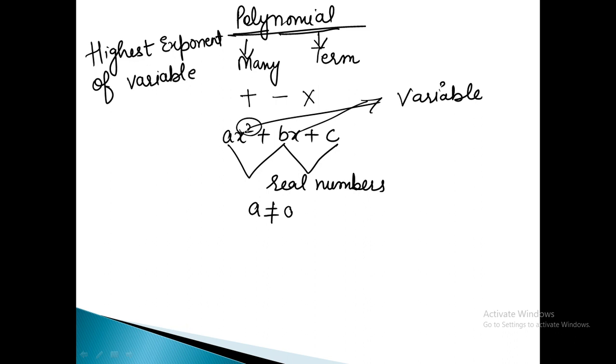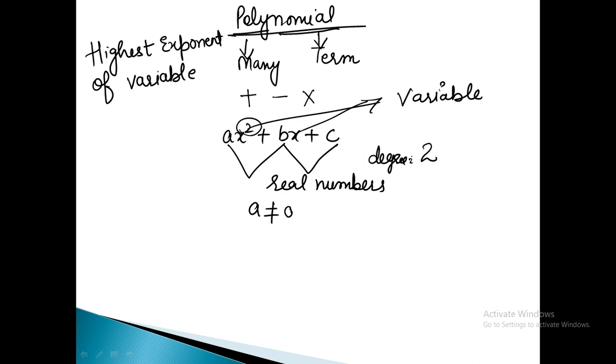In a polynomial, the highest exponent of the variable is known as the degree of the polynomial. Here in this equation, the highest degree is 2. So that's why we can say that the degree is equal to 2.